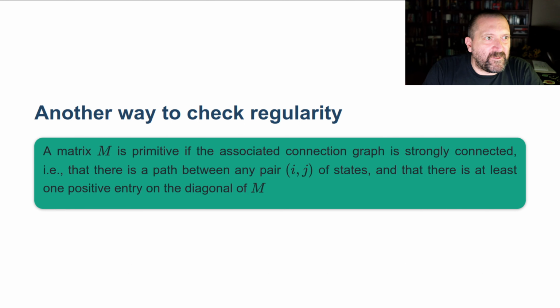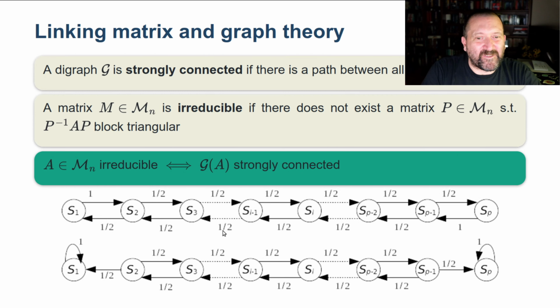And in terms of detecting regularity, there's a theorem that gives us a sufficient condition for primitivity. I have a matrix that's primitive if the associated connection graph is strongly connected and there is at least one positive entry on the diagonal. And I should point out that none of those graphs here satisfy this because I don't have a loop.